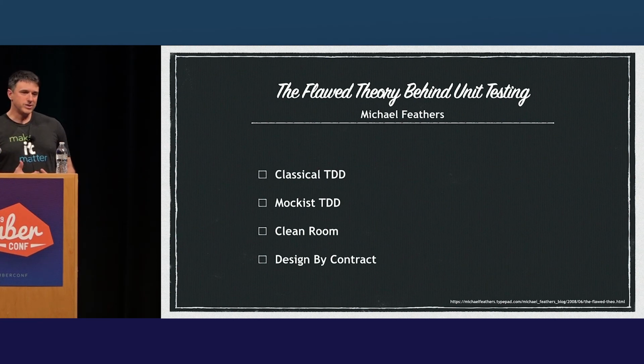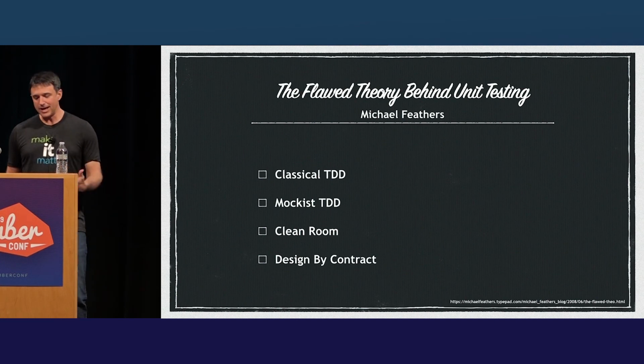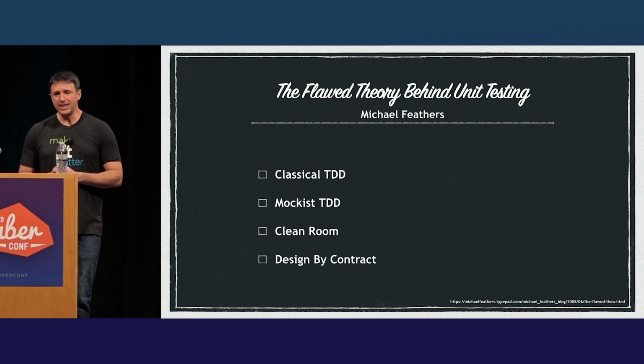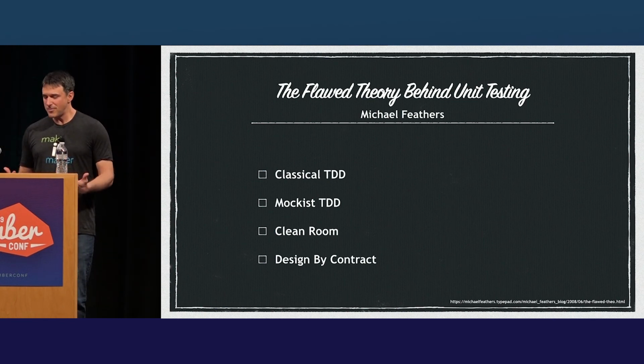What he was doing in this blog post was comparing mock TDD. He comes from more of an old extreme programming background, and he was saying, well, there are some flaws to this. I didn't think it should work, but then I worked with some teams that were doing it, and it was working really well for them, and their code was amazing. And that made him think about some other methodologies used in the past.